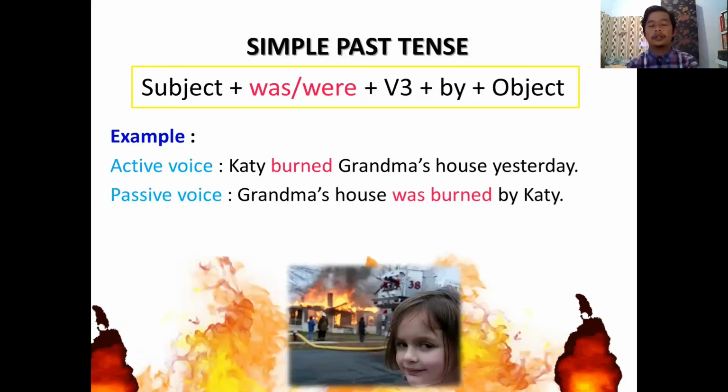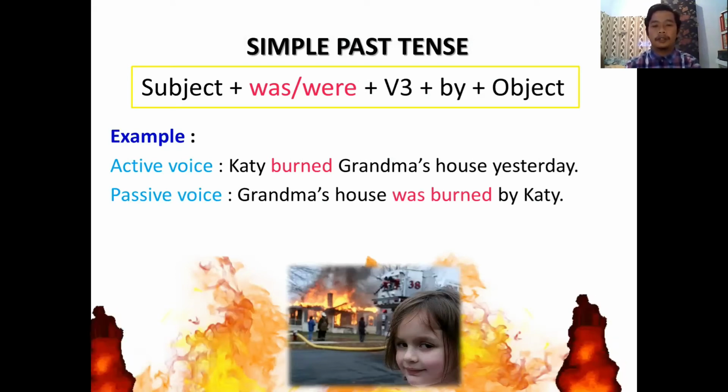Okay, in the explanation about the types of passive voice, the first is simple past tense. Subject plus was or were plus verb 3 plus by plus object. Okay, if you are using simple past tense, you must know the characteristics of the sentence, dan terutama harus mengetahui rumus dari macam-macam tenses tersebut.